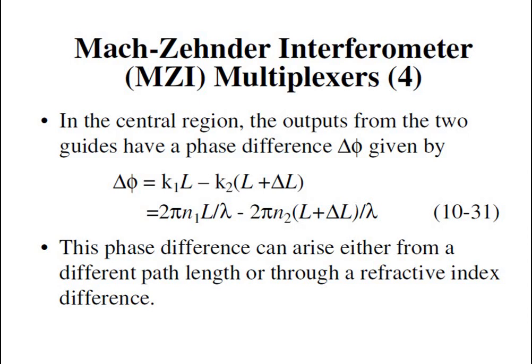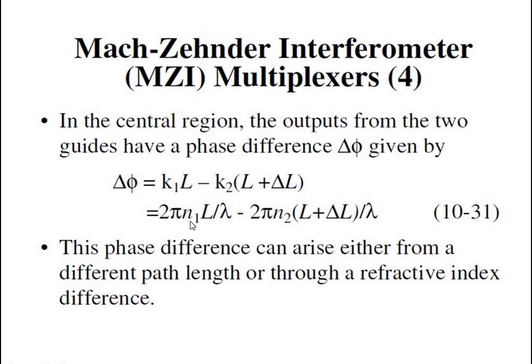So we can write the equation of this phase difference delta phi as 2 pi n1 L by lambda minus 2 pi n2 (L plus delta L) divided by lambda.